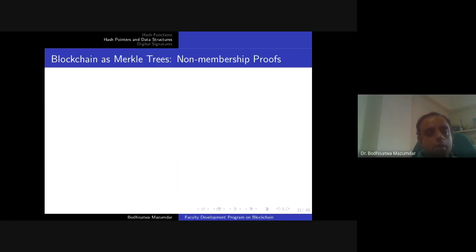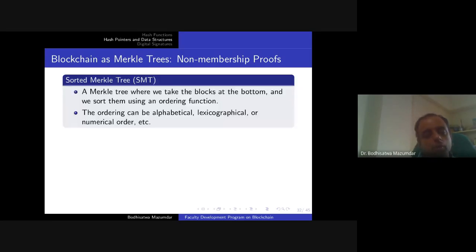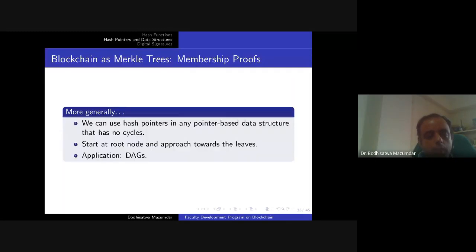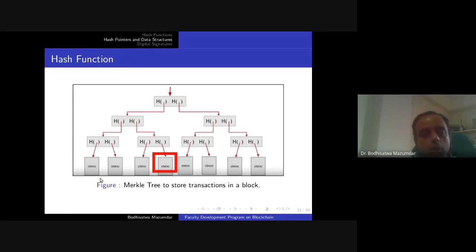You can also have a non-membership proof. To say that the data does not exist in a blockchain, you use a sorted Merkle tree. The diagram is not here, but what you can do is sort this data in ascending or descending order, and arrange the corresponding nodes as well.